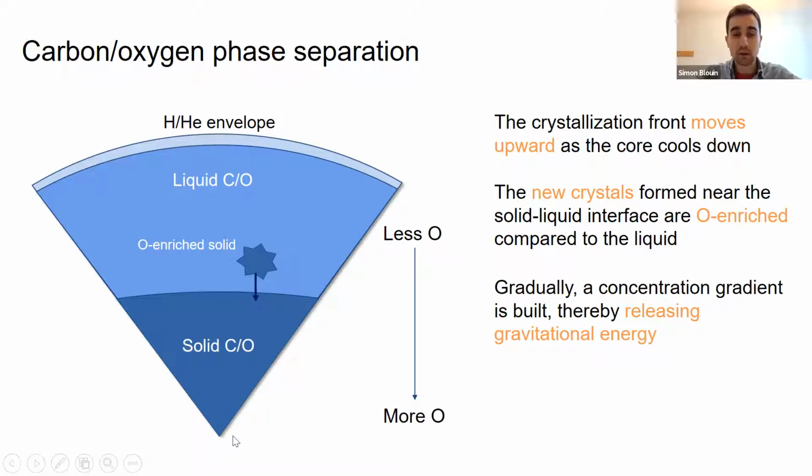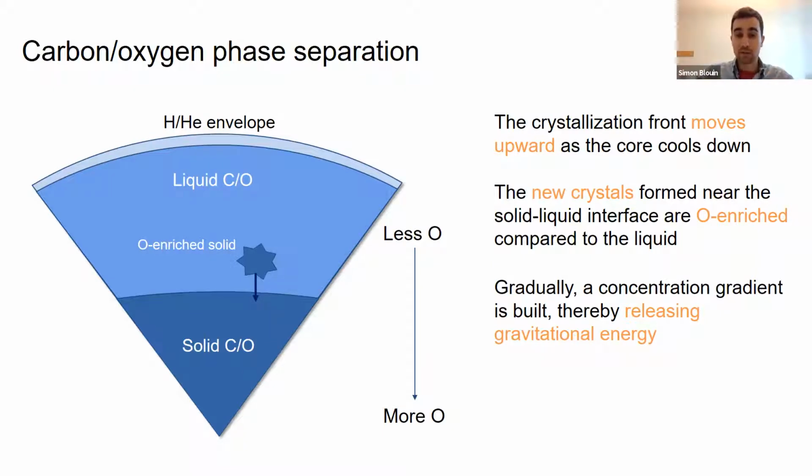And because the crystallization of the core starts at the very center of the white dwarf, where the density is at its highest, this process of phase separation is gradually building a concentration gradient, where you have more oxygen at the center of the white dwarf and less oxygen in the outer layers.